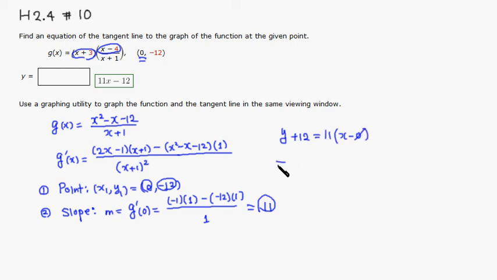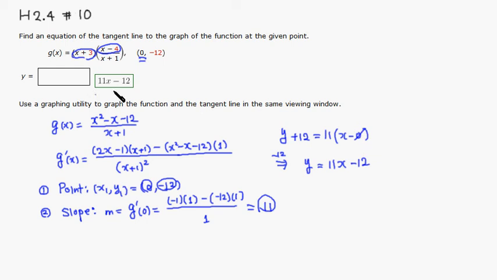Then you can just subtract 12 from both sides. So you get y is equal to 11x, subtracting 12.